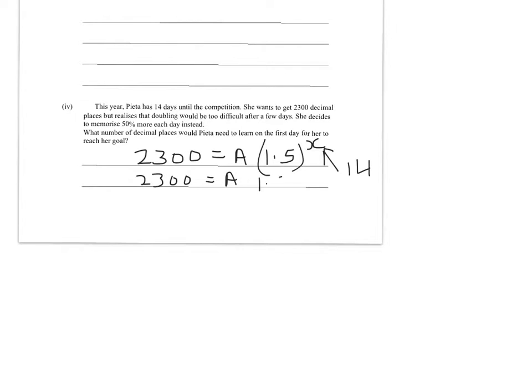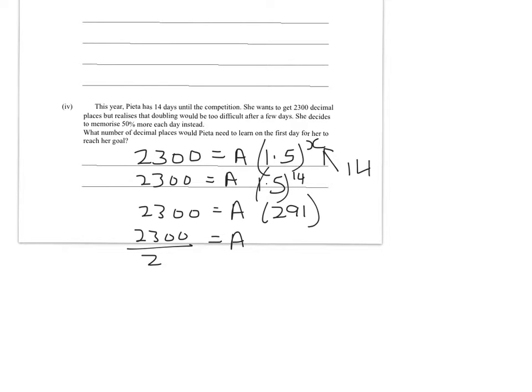I know that 1.5 to the power of 14 is 291. So 2,300 equals A times 291. That value of A is 2,300 over 291, so my A value equals approximately 8.